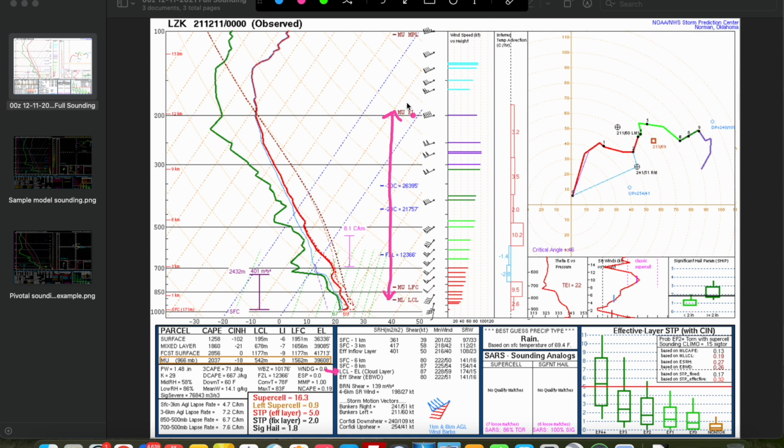Then we go up to the equilibrium level. It's basically where the parcel becomes cooler than the environment. So basically your thunderstorm clouds are going to extend all the way up from the LCL. You can think of this as a thunderstorm anvil here. And that's going to be your thunderstorm cloud. It's going to basically stop. Of course, we've talked about that the momentum of the updraft carries it above that equilibrium level a little bit very often.